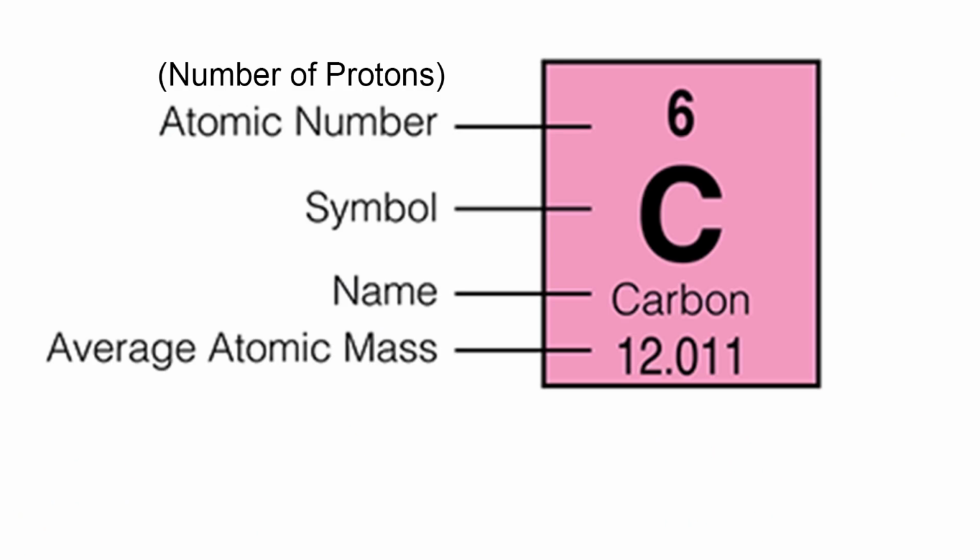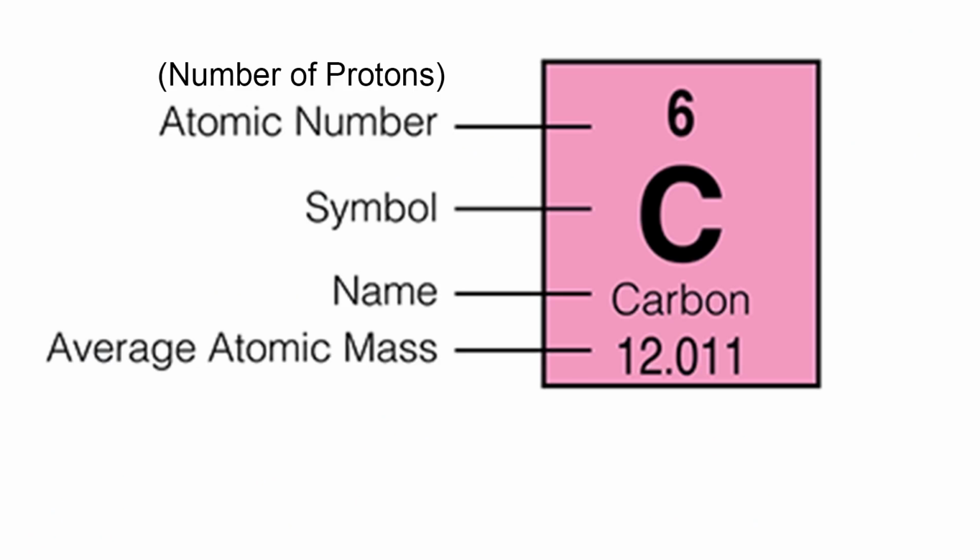Element names, however, are not determined by the number of electrons, but by the number of protons, or atomic number. For example, carbon has 6 protons, while nitrogen has 7 protons, and uranium has 92.